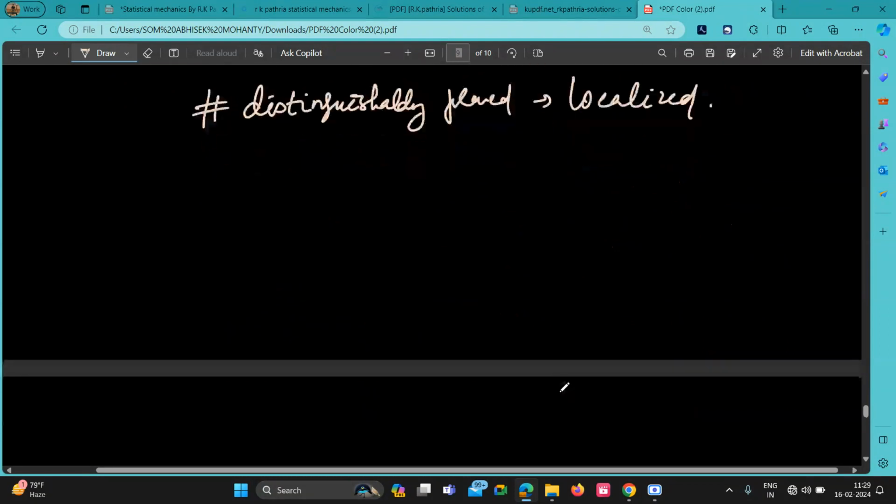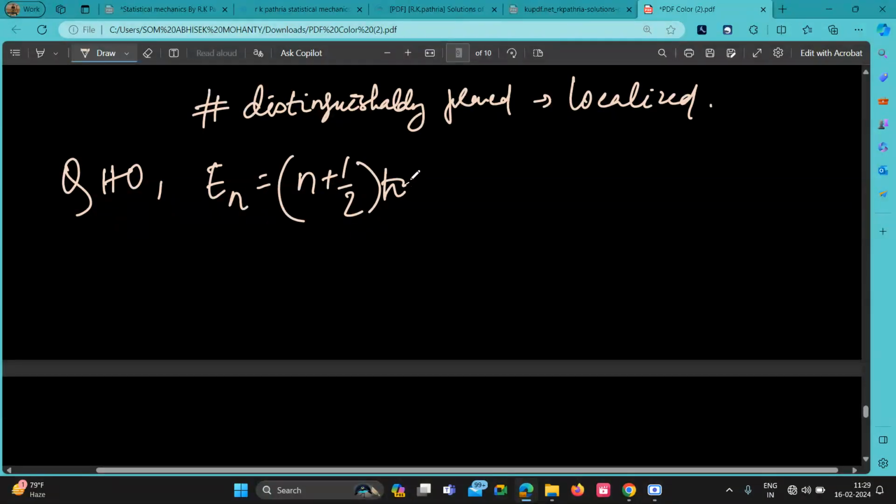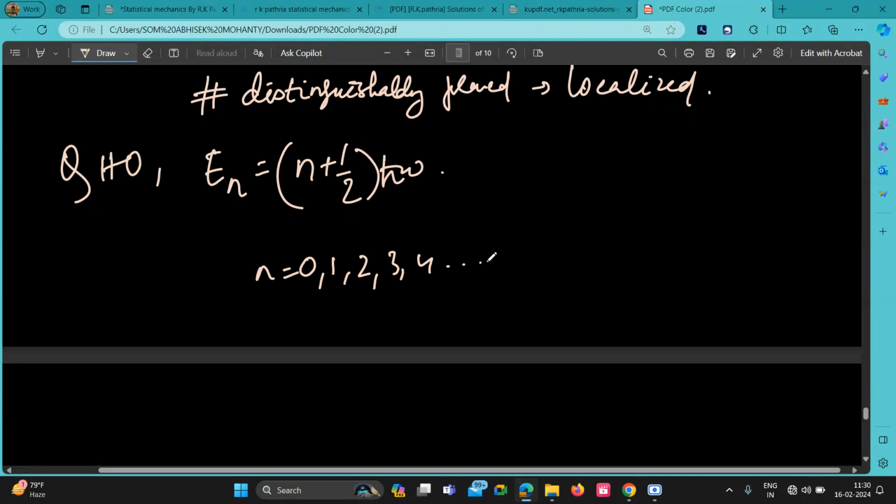For quantum harmonic oscillators, we know the energy eigenvalue is equal to (n plus half) h cut omega, where n starts from 0, 1, 2, 3, 4. So how will we calculate the partition function in these cases?